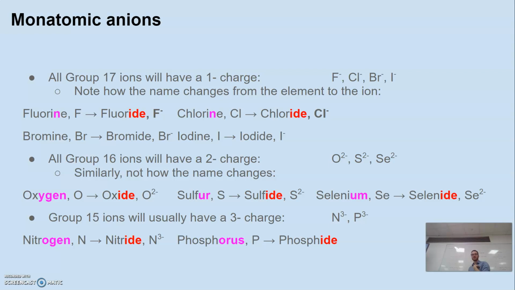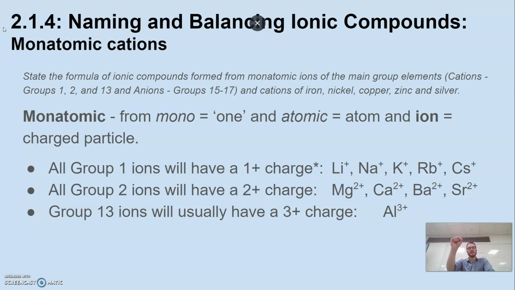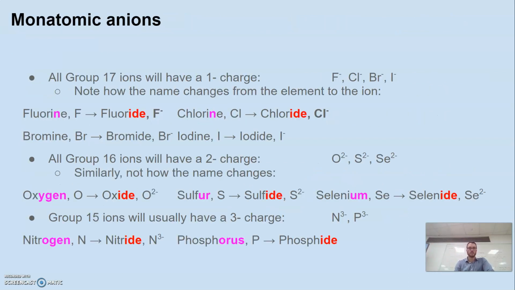It'll have a 2 minus charge. Similarly, the name changes the same way. Oxygen goes to oxide. Sulfur, sulfide. Selenium, selenide. This is non-metals. So metals retain their name. Magnesium ion, aluminium ion. Non-metals change to ide.